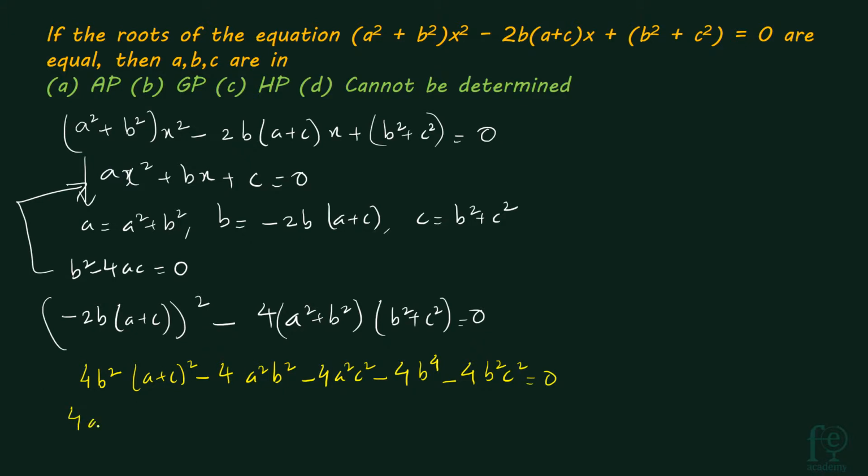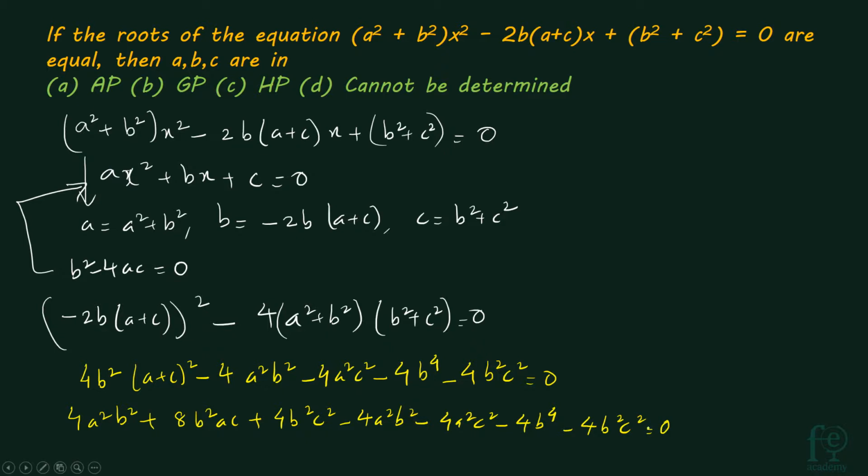So 4a square b square plus 8b square ac plus 4b square c square minus 4a square b square minus 4a square c square minus 4b raised to 4 minus 4b square c square is equal to 0. If you go on practicing, you can do this very easily. Practice is the key. So you will be able to do this very fast.